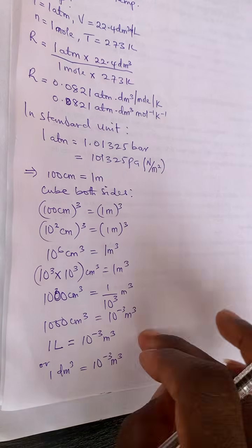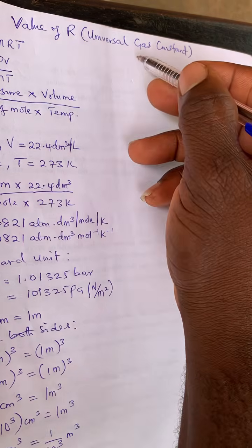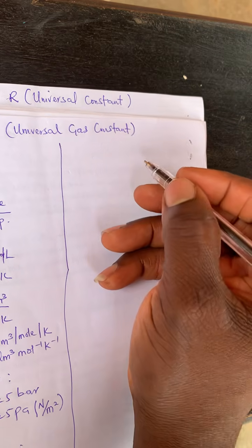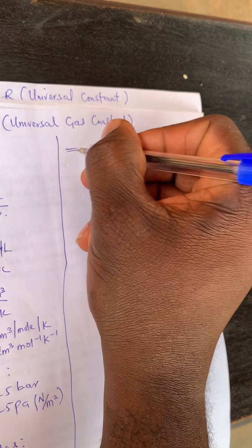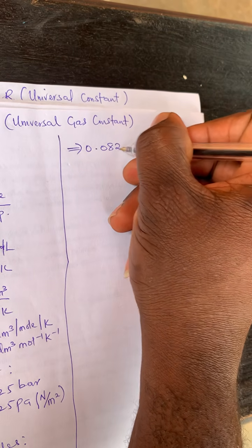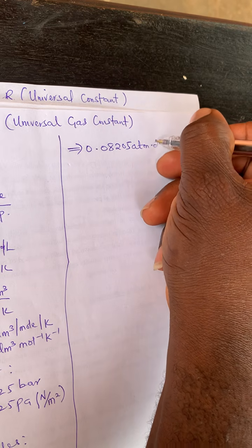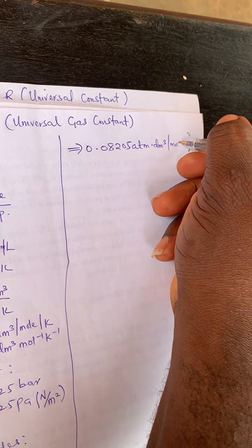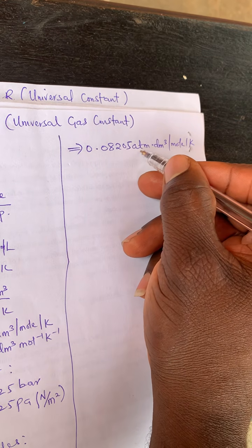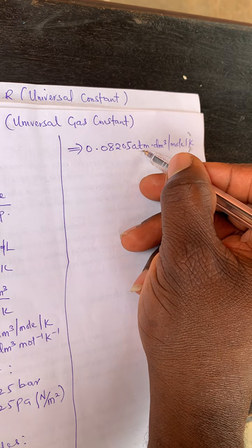So let us now put these two together and convert the value of R to standard units. We know from here that we had a value of 0.08205 accurately, in atm dm cube per mole per K. Our purpose is to convert the atm into Newton per meter squared.